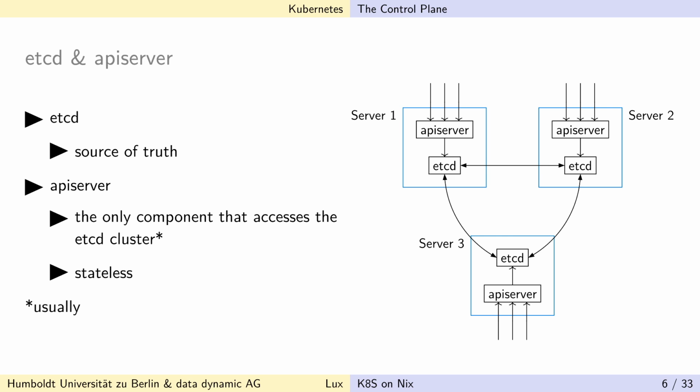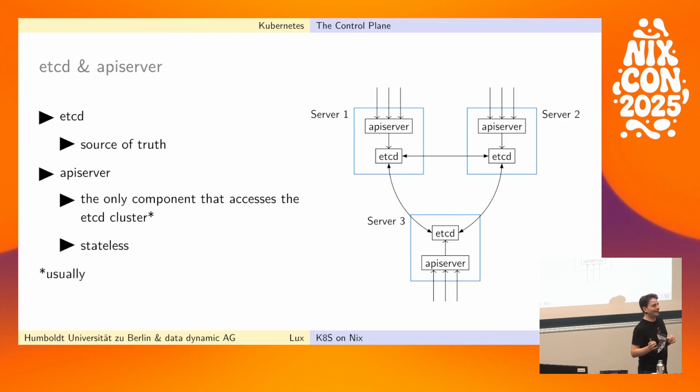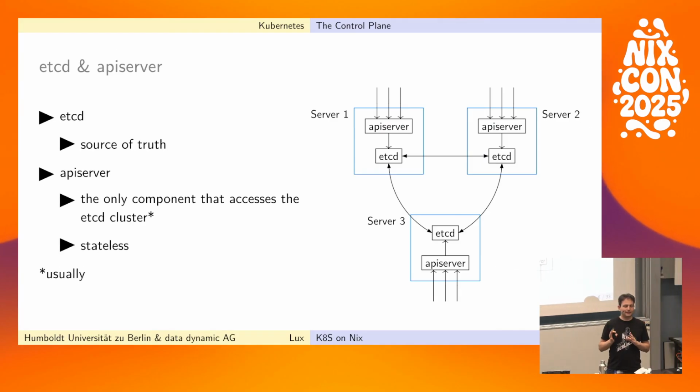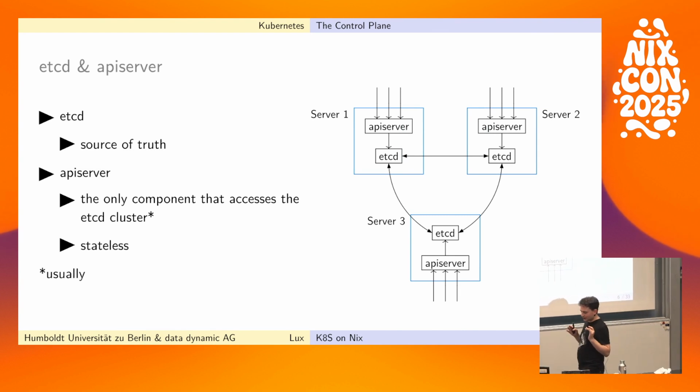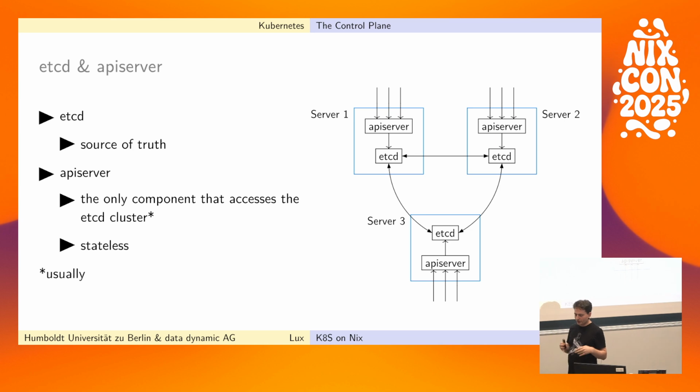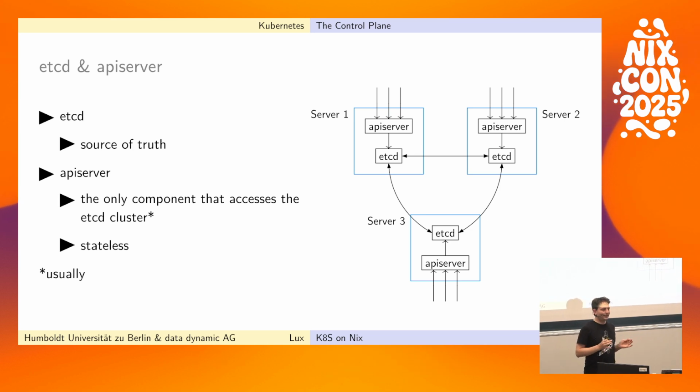That thing has no state. The etcd cluster has state, and it is also the only component that communicates with others of its own kind. So the etcd nodes talk with each other to synchronize the state, but the API servers do not talk with other API servers or in any way like that.